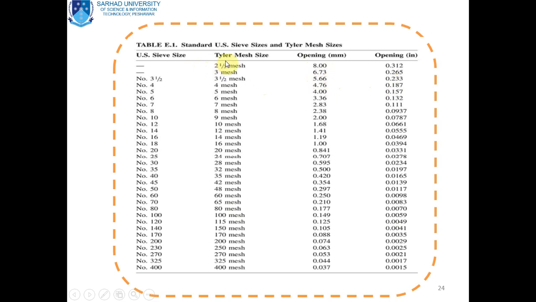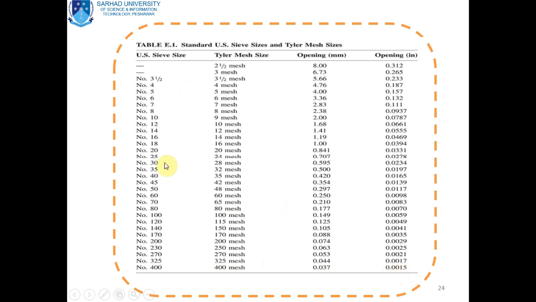Similarly, in the Taylor standard, 3 mesh and 2.5 mesh are included, but these are lacking in the US sieve series. And so on, you can see from top to bottom up to mesh number 400, with the Taylor series also 400, and opening in millimeter 0.037, and in inches 0.0015.